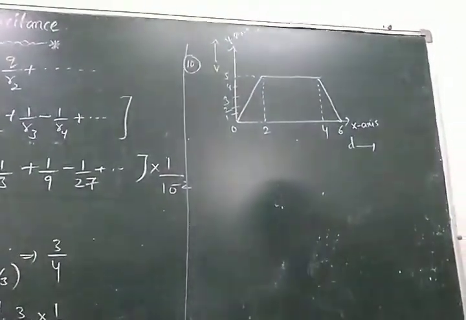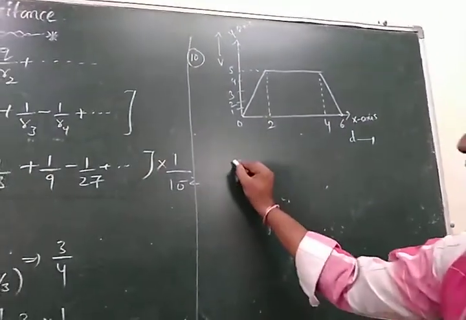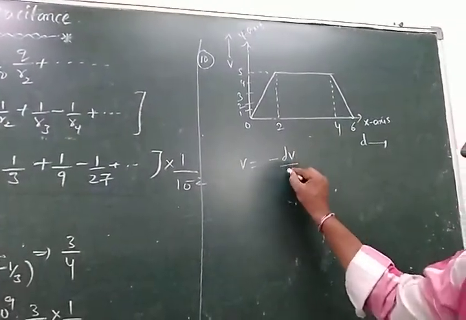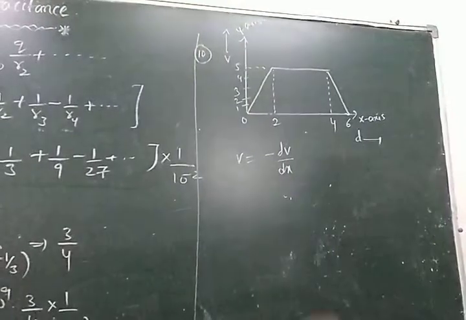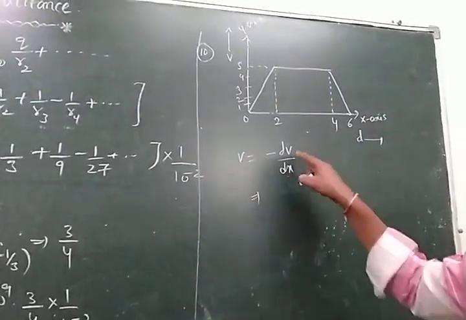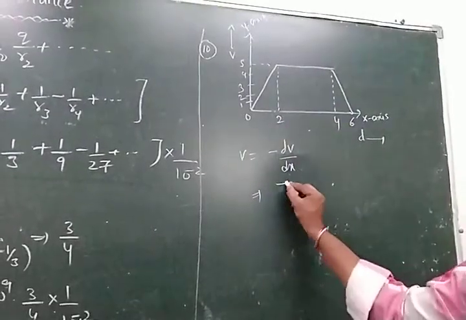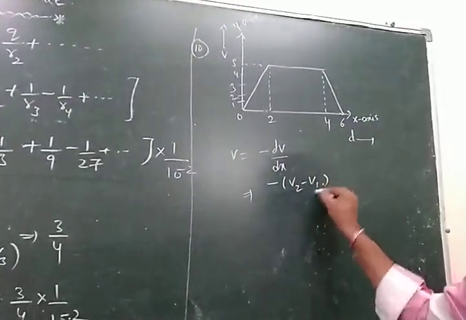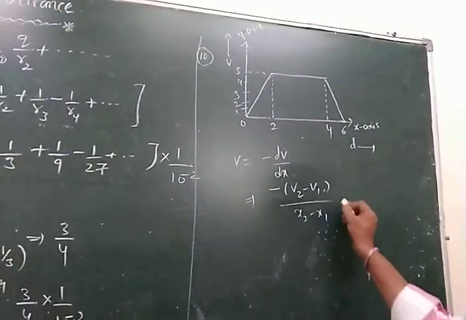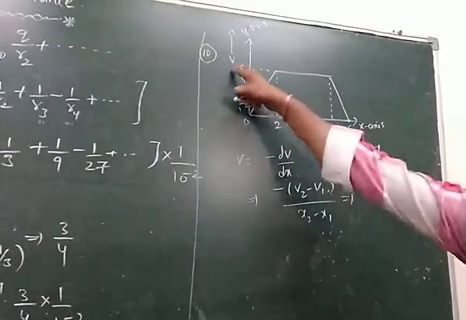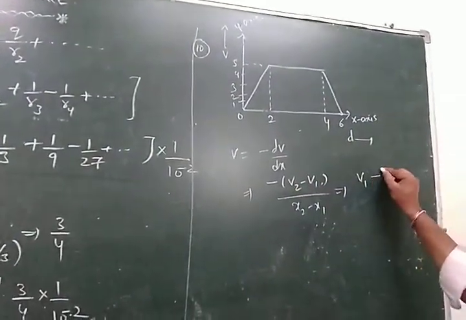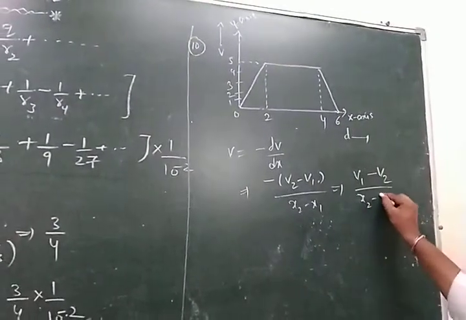We know the formula for the electric field in terms of potential: E is equal to minus dV by dx. That is minus the change in potential, V2 minus V1, divided by the change in distance, x2 minus x1.